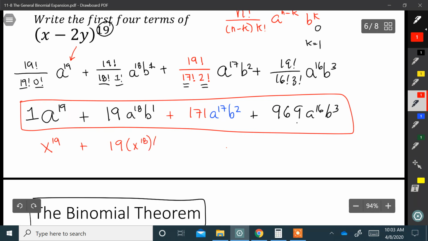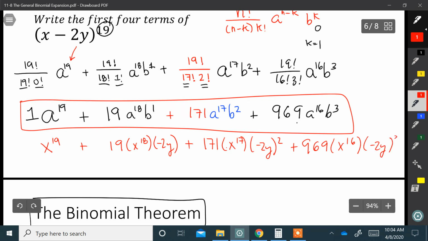The b is going to become negative 2y. The a is going to become x to the 17, and we're going to have negative 2y to the second. The a is going to become x to the 16, and the b is going to become negative 2y to the third.